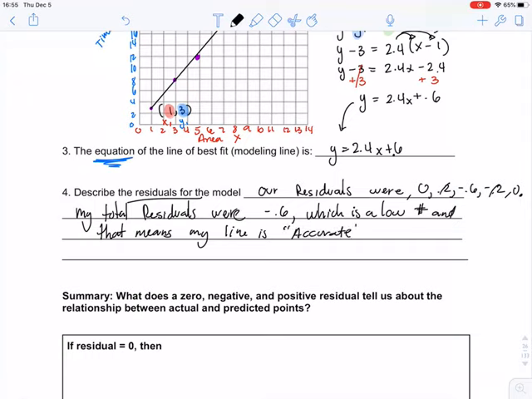The further away it is from 0, the less accurate it is.